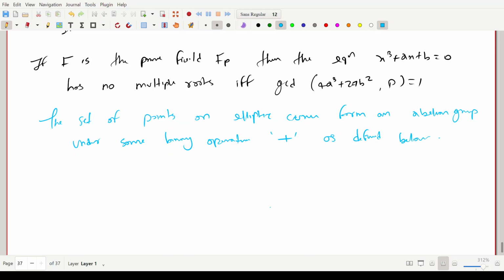Okay, so how this addition operation is an abelian group, we'll see that.